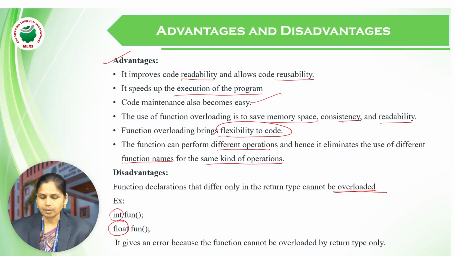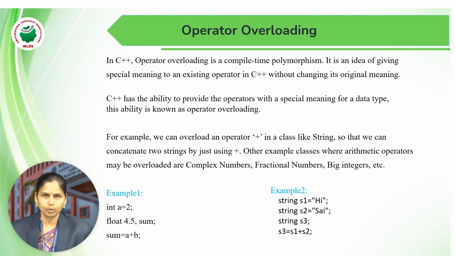Now, let us see operator overloading in C++. In C++, operator overloading is a compile time polymorphism. As we discussed in the first slide, function overloading and operator overloading can be used to achieve compile time polymorphism. We can implement runtime polymorphism by using the virtual function.